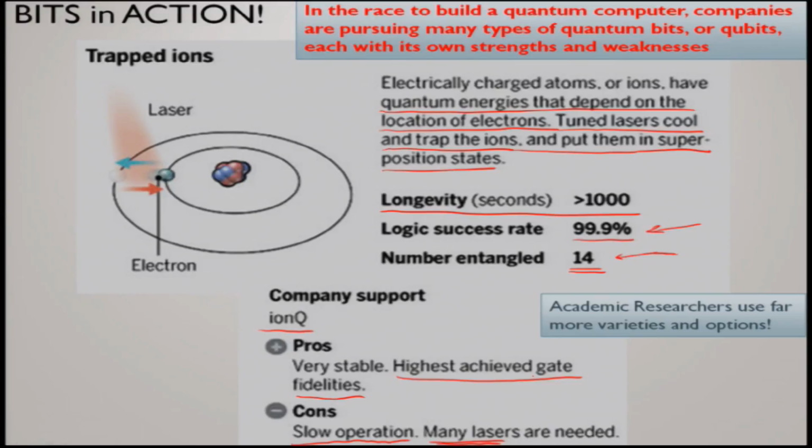Anyway, because it has become commercially viable, let us look into this new IonQ company which has brought in the concept of trapped ions as a commercial approach towards quantum computing.